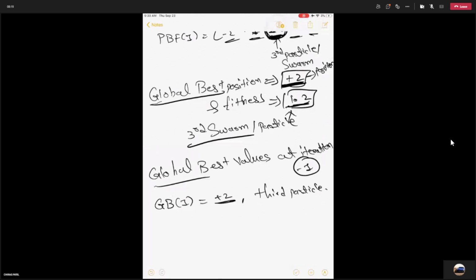Just a second, wait. For the first particle position.